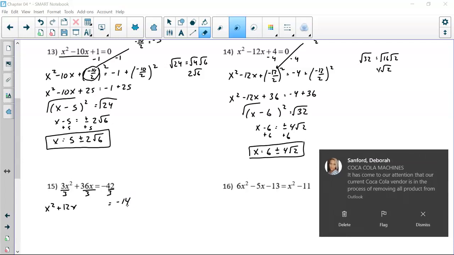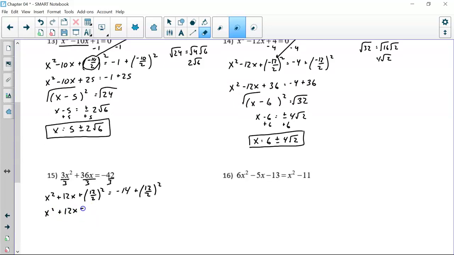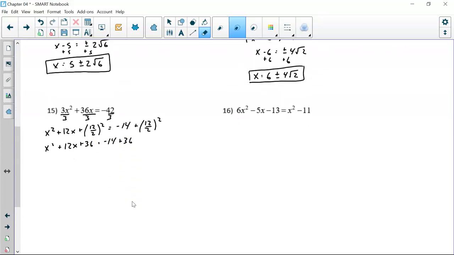Now, in that space, we're going to be adding the middle term, in this case 12 divided by 2 squared, to both sides. So we get x squared plus 12x plus 36 equals negative 14 plus 36.